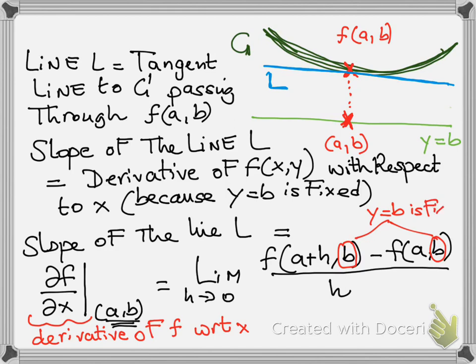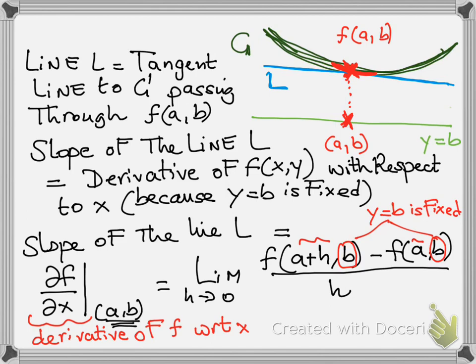However, x is equal to a here, and you want to compute the derivative of the function f at the point AB. The derivative is always about the behavior of the function in the neighborhood of the point, so you vary the variable x, a plus h and a, but y is fixed. That will be the partial derivative of f with respect to x at the point AB.